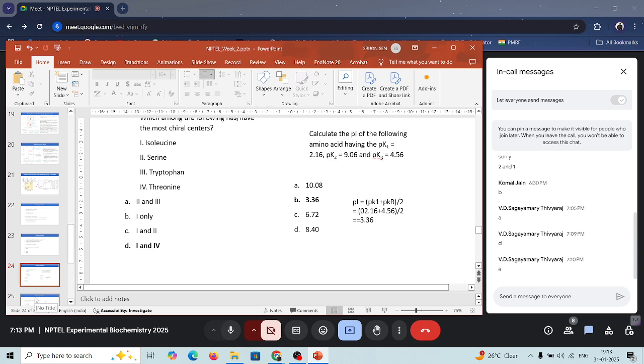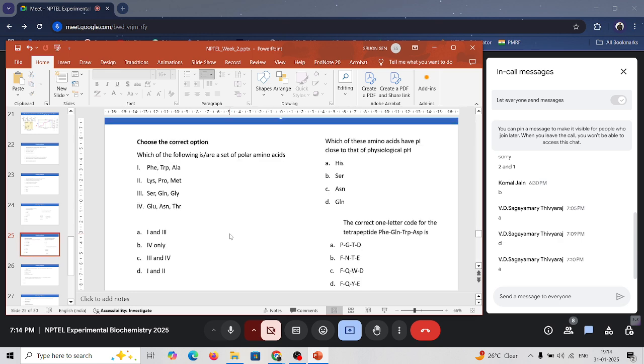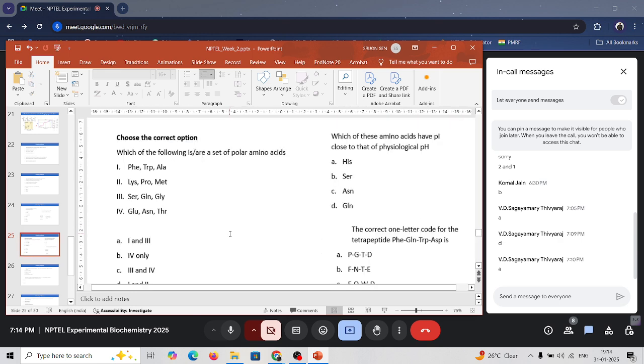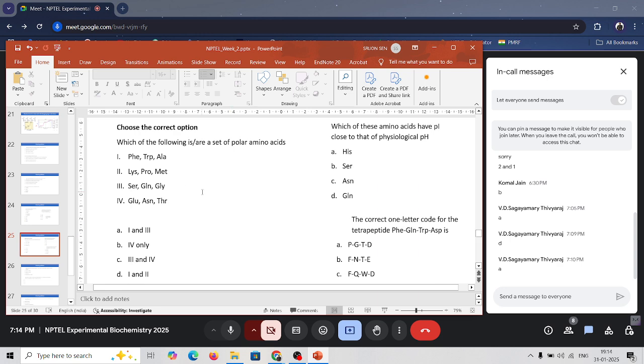Next one. Okay. So the first one, choose the correct option. Which of the following is a set of polar amino acids? You people give me an answer first. Phenylalanine, tryptophan, alanine, lysine, proline, methionine, serine, glutamine, glycine, glutamic acid, asparagine, and threonine.